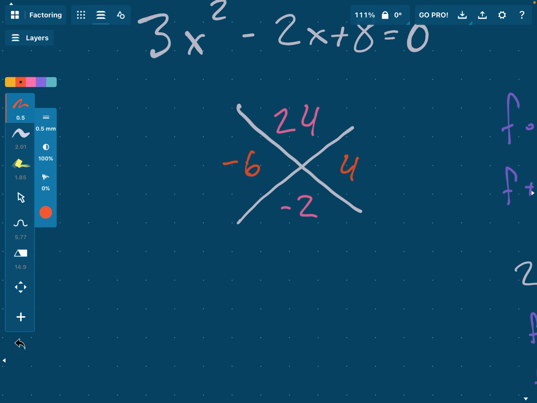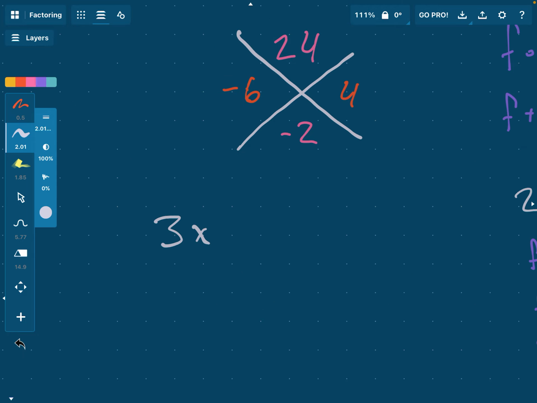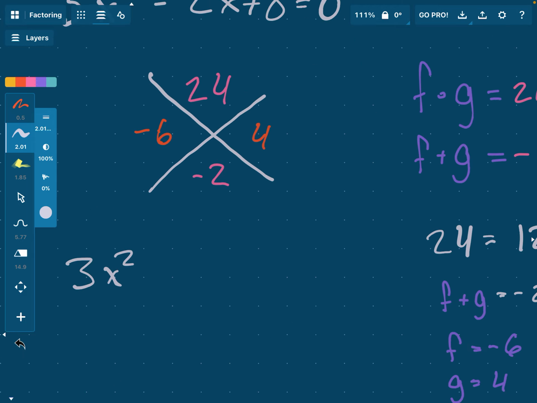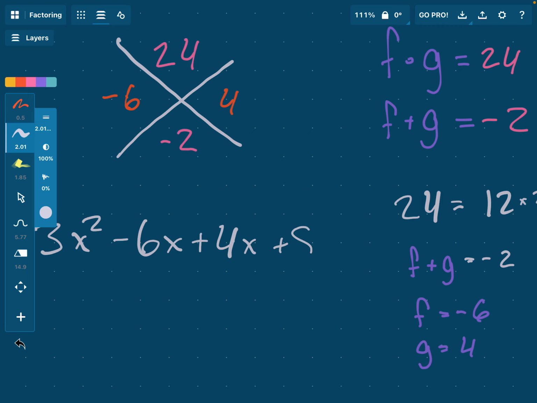And again, what we can do now is separate our middle term into negative 6x plus 4x plus 8 is equal to 0.